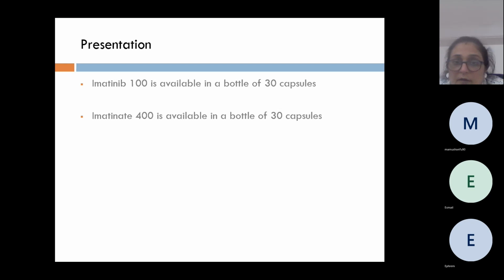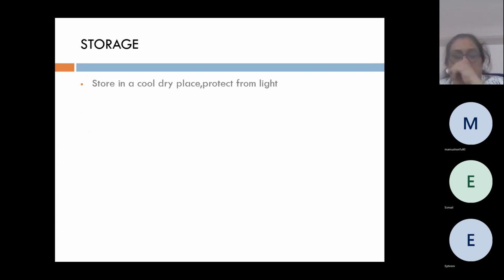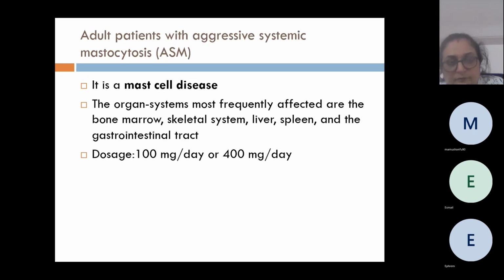Presentation, imatinib 100, it's available in 30 capsules bottle. Imatinib 400 is available in 30 capsules bottle. Why? Because the dose is 400 mg has to be taken on a daily basis. So one capsule per day. So the packing is 30, right? It has to be stored in a cool, dry place and protected from light.